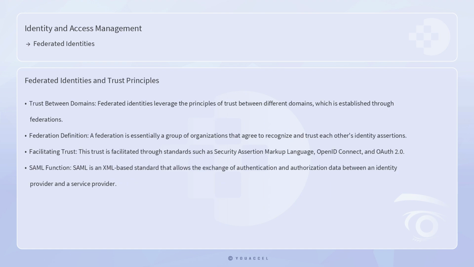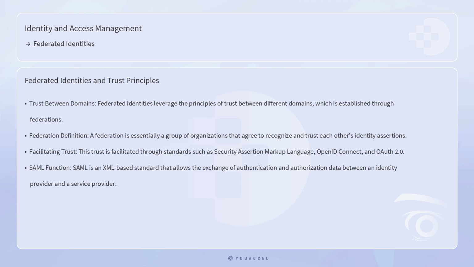Federated identities leverage the principles of trust between different domains, which is established through federations. A federation is essentially a group of organizations that agree to recognize and trust each other's identity assertions. This trust is facilitated through standards such as Security Assertion Markup Language, OpenID Connect, and OAuth 2.0.